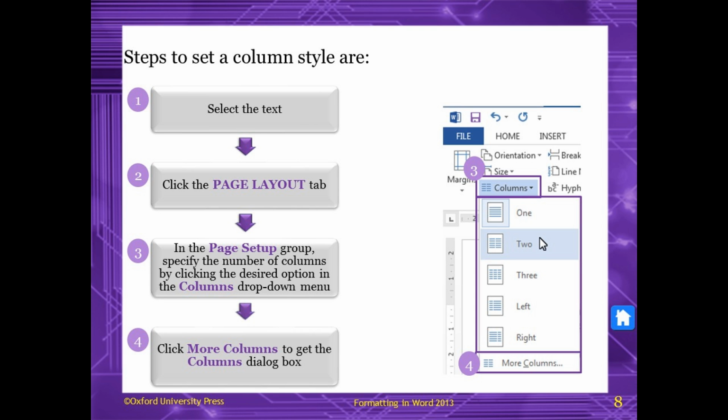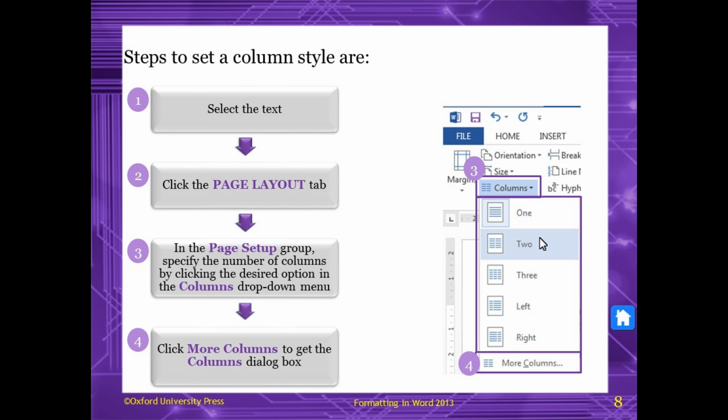Also there is the option of more columns. When you click on more columns, the columns dialog box will appear, from where you can set according to your requirement. It means you can select more than 3 columns.